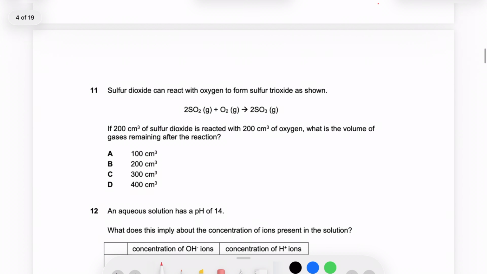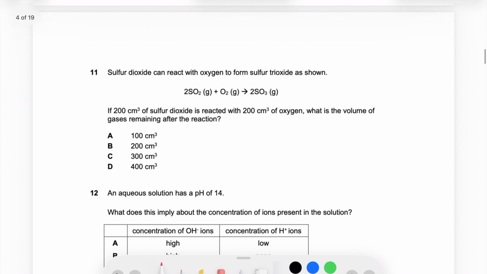Moving on, question 11. Okay, so this is similar again. Let's try this again. So this is 200 cm cube. Okay, so SO2 to O2, 2 is to 1. So if this is 200 cm cube, this should be 100 cm cube.